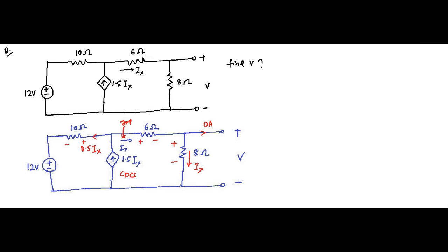So here we will apply the KVL in this super mesh, that is this. This is the super mesh. Okay, we will apply KVL in the super mesh, and that super mesh equation will be like this.